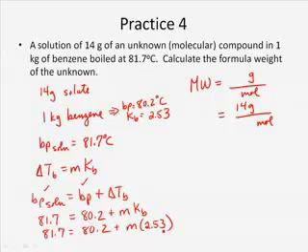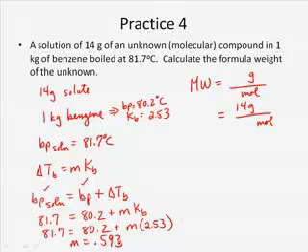So let's simplify that out and solve for our molality. When we do that, we get 81.7 minus 80.2, divided by 2.53, and I'm getting a molality of 0.593.